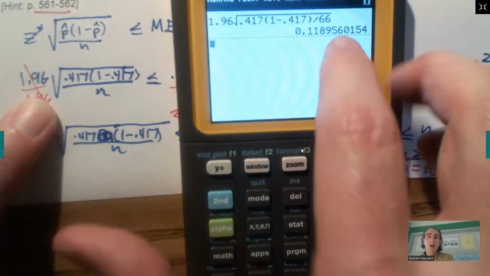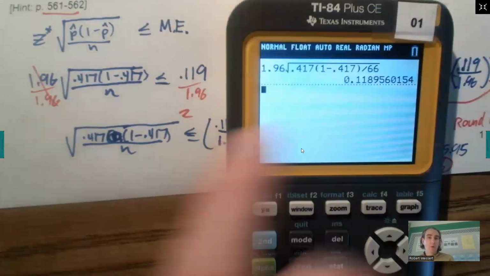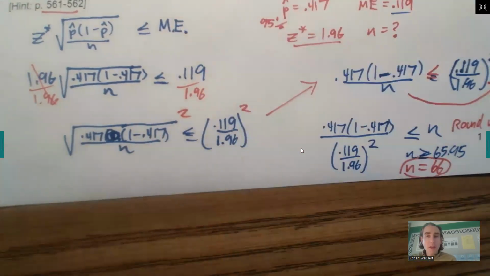That should give you 0.1189, which is right around that 0.119 margin of error that the calculation gives. So thank you for watching. That was free response question number 1. In the next video, we'll go over free response question number 2.